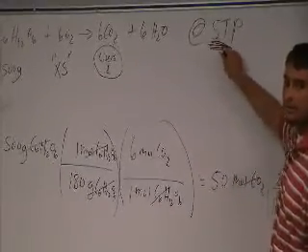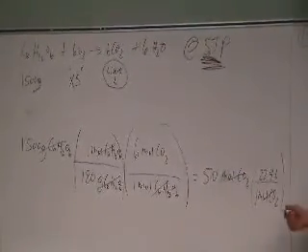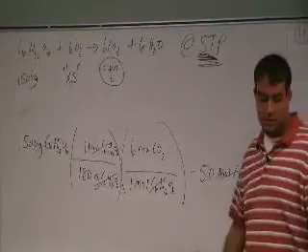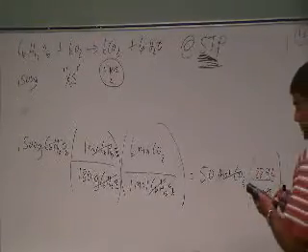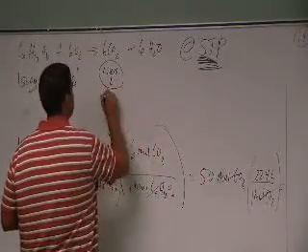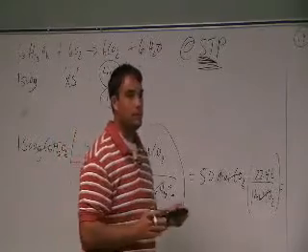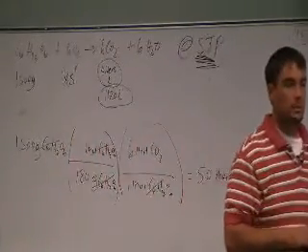Are we at STP? So we can legitimately use that number. So 50 times 22.4 is going to be 1,120 liters of CO2.